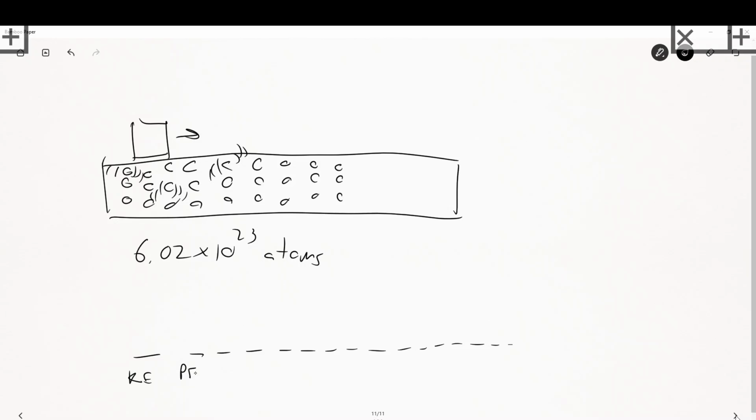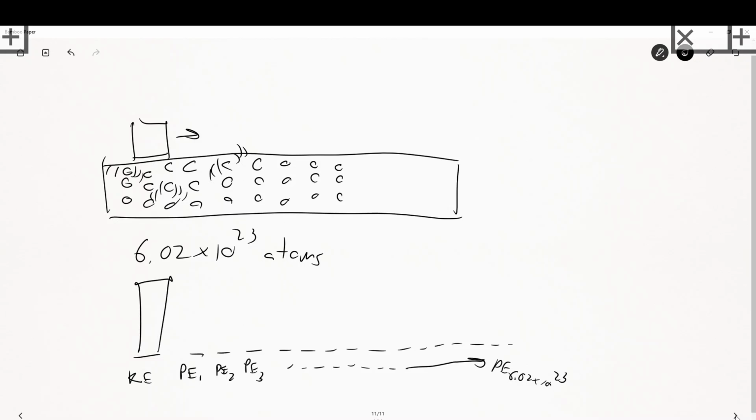So this would be like the potential energy of the vibrations for the first atom, the potential energy of the vibrations for the second atom, third atom, and going on pretty much forever. It's the potential energy for the 6.02 times 10 to the 23rd atom.